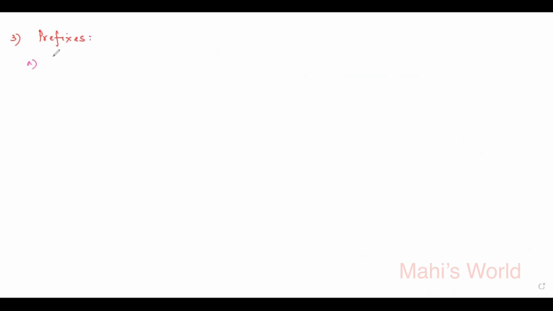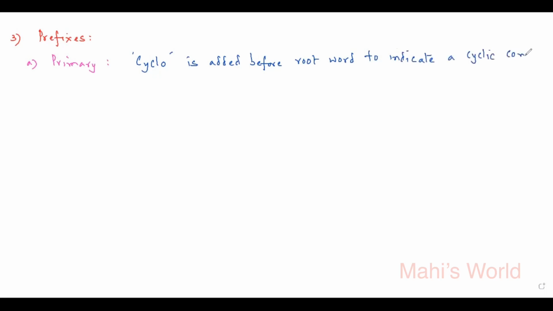Within prefixes, again we have a primary prefix and a secondary prefix. Coming to the primary prefix, a primary prefix, cyclo, is added. Is written before a root word to indicate a cyclic compound.